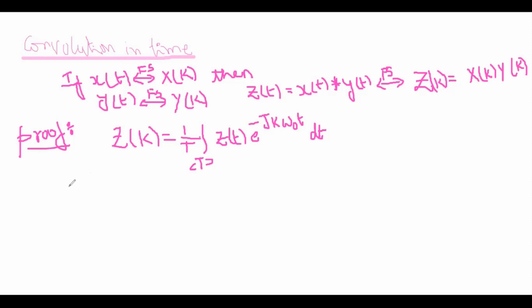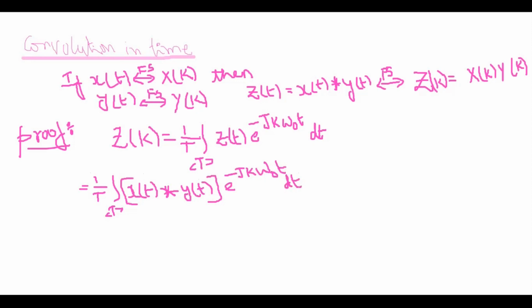So what is z of t here? That is equal to 1 by T, the integral over T of z of t as the convolution between x of t and y of t, e power minus jk omega naught t dt.